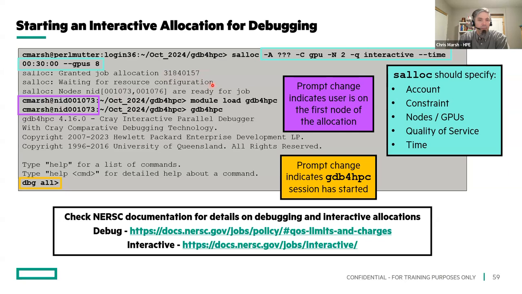I think it's something like an SSH, although it's automated, so I don't know exactly how you get moved there. But this is a contiguous line from my terminal, right? I did an salloc, I got some output, and then my prompt changed, and now I am no longer on the login node. I am on NID 1073. So that's the behavior at Perlmutter, and that is a common behavior, but not universal. So something to be aware of.